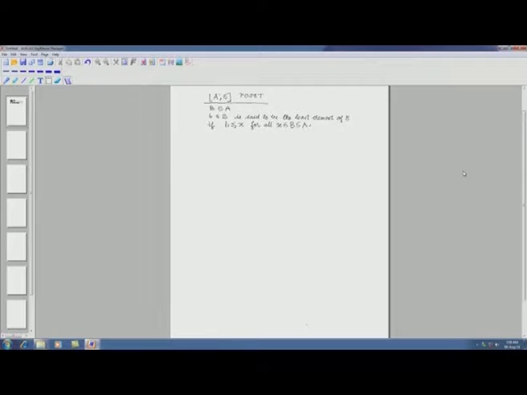Now, we concentrate on the fact whether a least element will exist always. So, let us consider a Hasse diagram of this type.